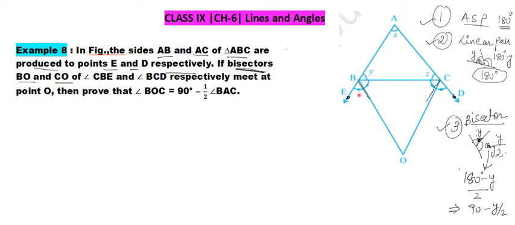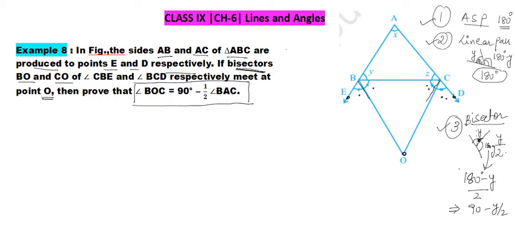That means these two angles are divided into two equal halves, and they meet at point O. Now we have to prove that angle BOC is 90 degree minus half of BAC. This is what we have to prove.